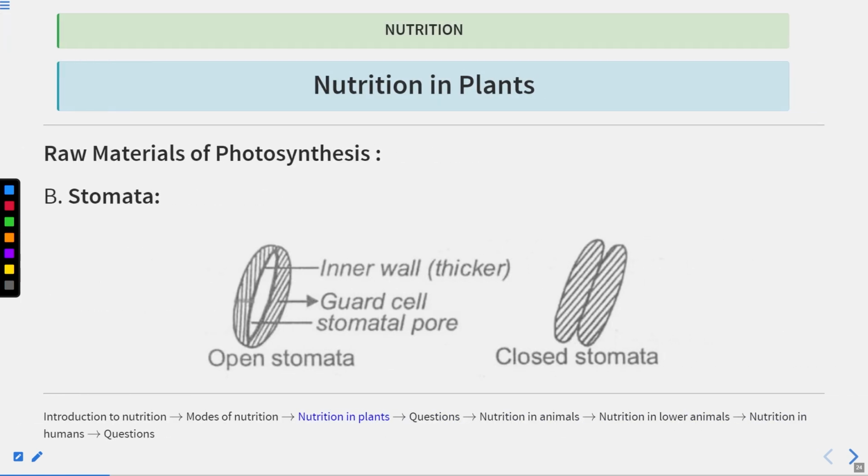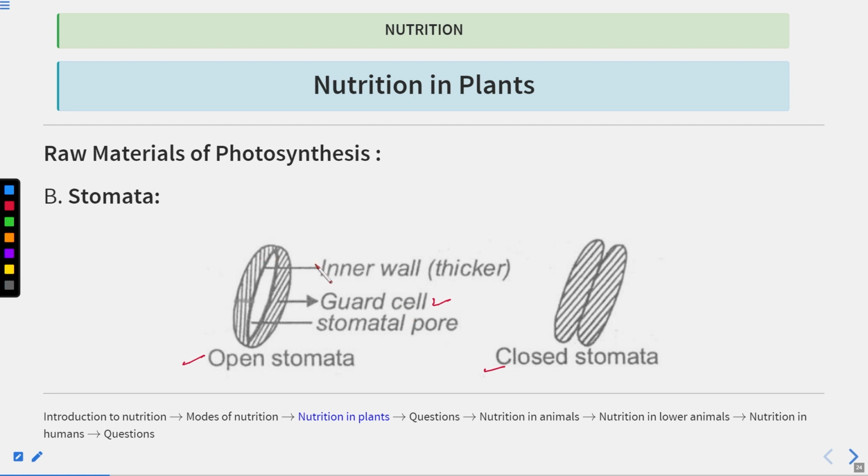Now, again, this is the structure showing you the stomata. This is the open stomata and this is the closed stomata. And the stomata is surrounded by the guard cells, and the guard cells are bean shaped or kidney shaped in dicots and dumbbell shaped in monocots.